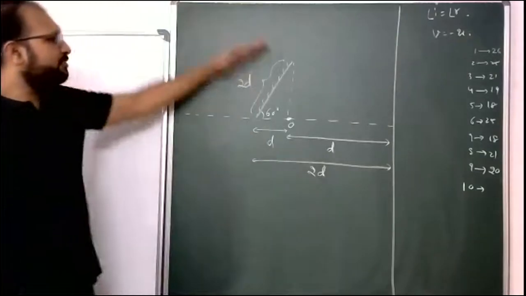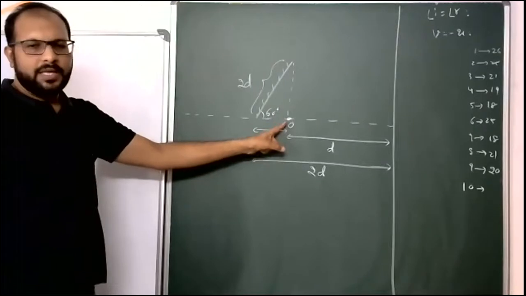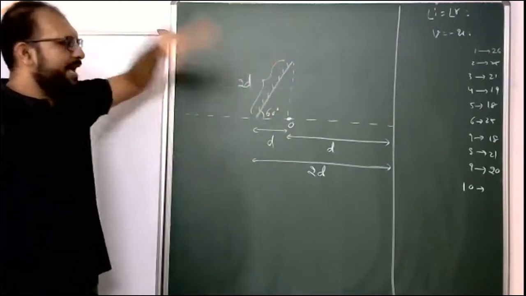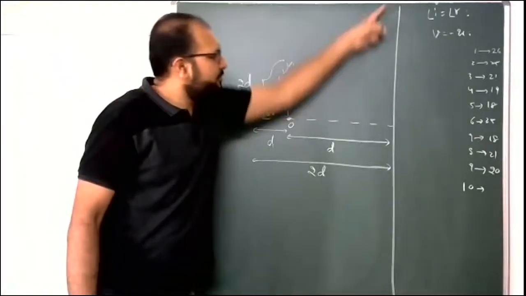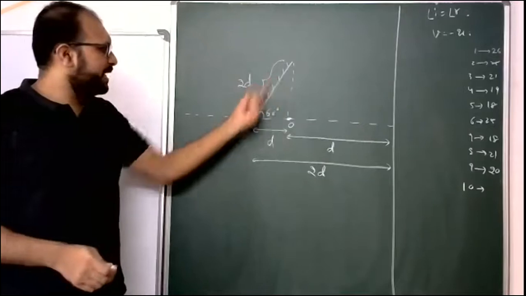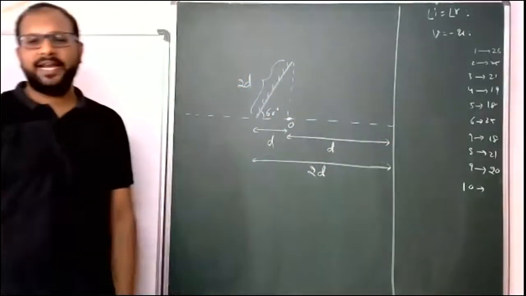Students, this is the given problem. Here is object O and the mirror. All angles are given, and this is the final screen. After reflection from this plane mirror, we need to find the active region on this screen.